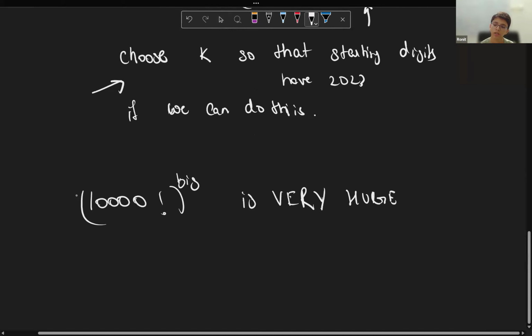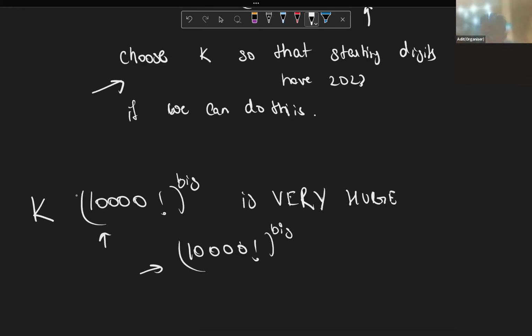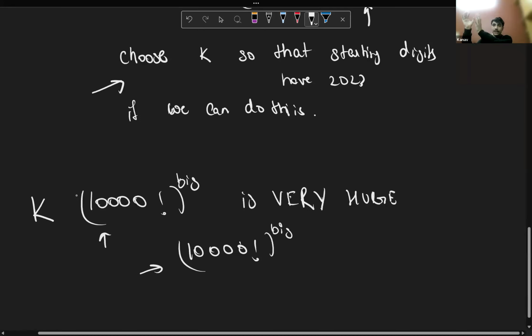Sorry, I should have said k times this is very huge. Compared to 10,000 factorial to the big exponent, I can choose k so large that this is basically nothing compared to this. Does this make sense? Sure. Because I have a very, very big number and I'm adding a very small number, the starting digits are not really affected a lot.